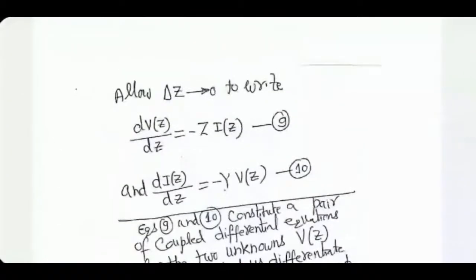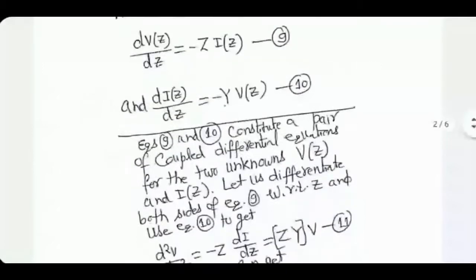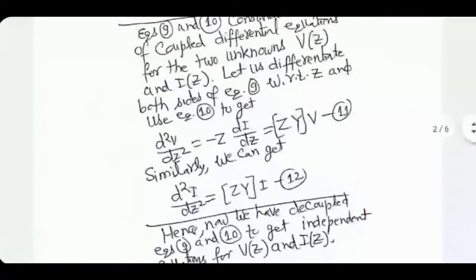I take equation 10, differentiate both sides with small z. I will get d2i by dz square equal to minus y dv by dz. I plug in dv by dz value from equation 9. So I get a second order differential equation for I also. So we have decoupled the equations, which is good.